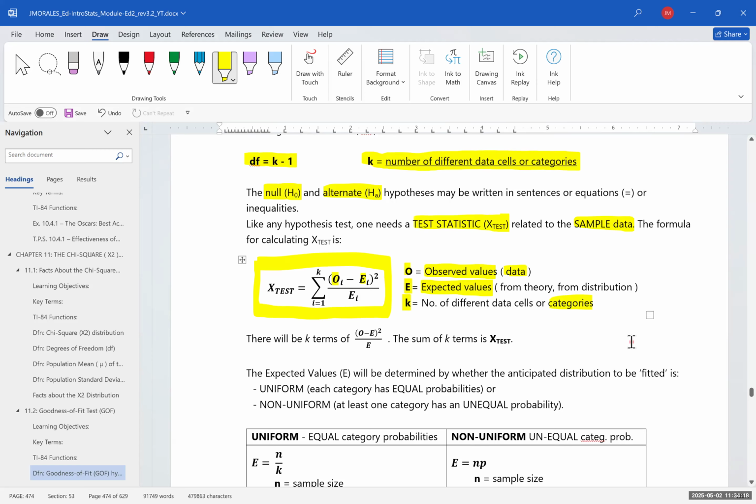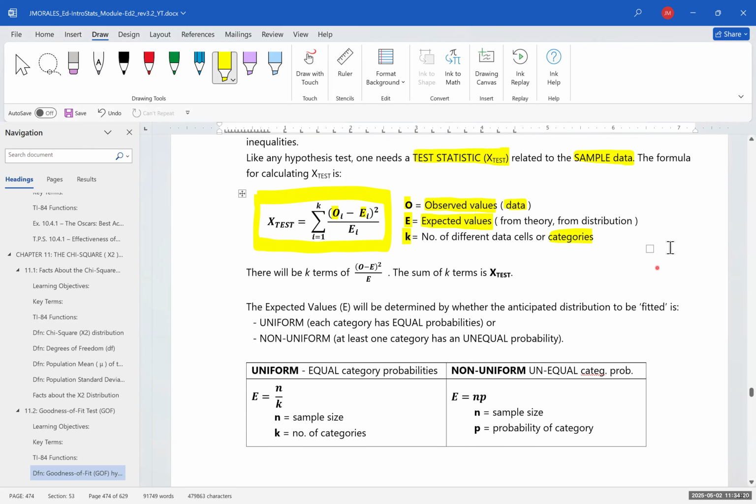Okay, so the expected values will be determined by whether the anticipated distribution to be fitted is either uniform or non-uniform. If the expected values are uniform, that means each category has equal probabilities of occurring. If the expected values are non-uniform, then at least one category has an unequal probability of occurring.